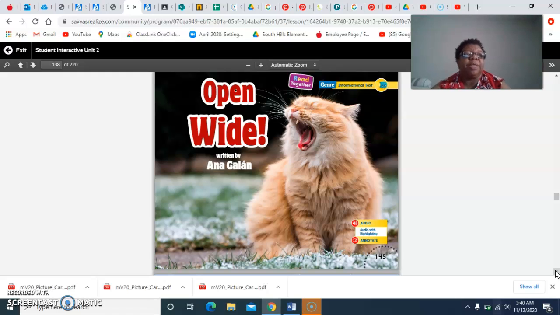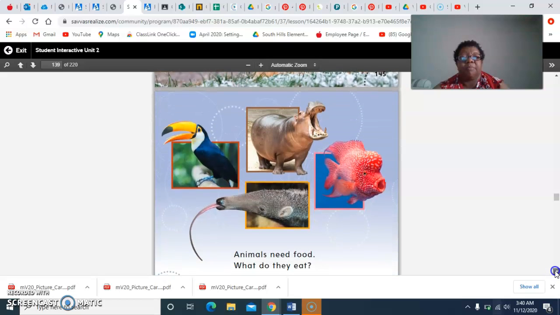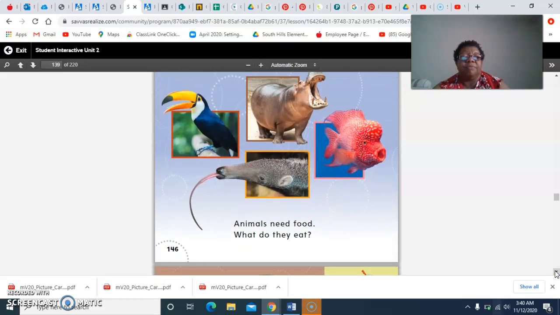That's what we were doing this week, making predictions before we read the story and talked about what the story might be about. Animals need food. What do they eat? And what are the names of the animals that you see?